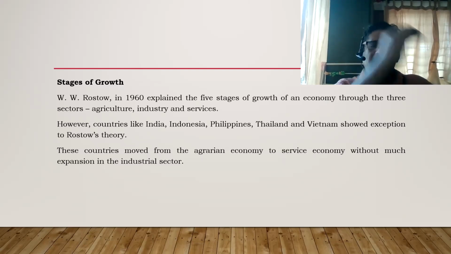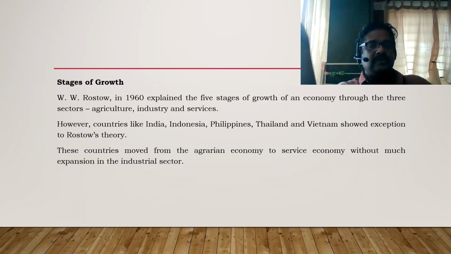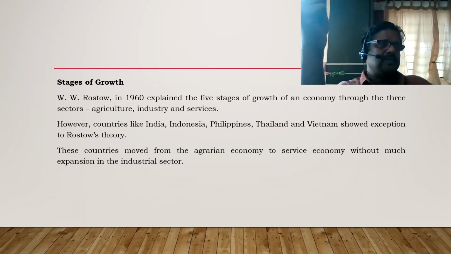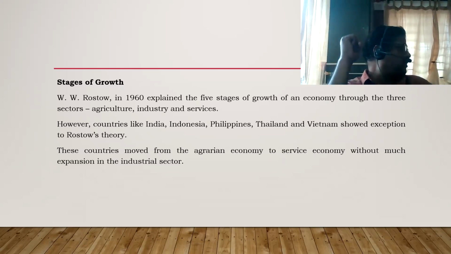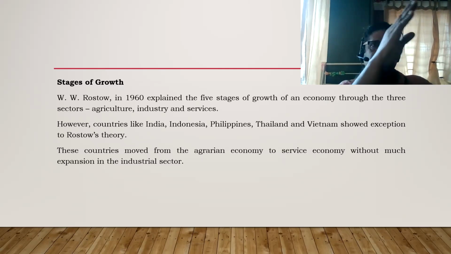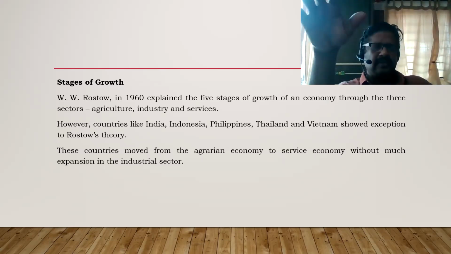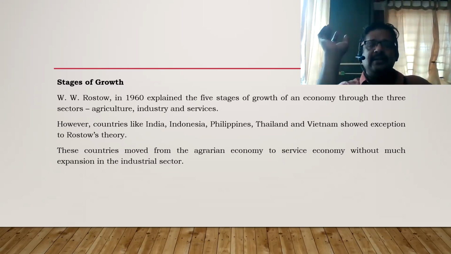But one thing we have to keep in mind is that though Rostow has said that the economy moves from the agricultural sector to the industrial sector, then to the services sector, there are some countries which showed an exception to this rule: India, Indonesia, Philippines, Thailand, and Vietnam. These countries started from an agrarian economy and went directly to the services economy, not touching the industrial sector.